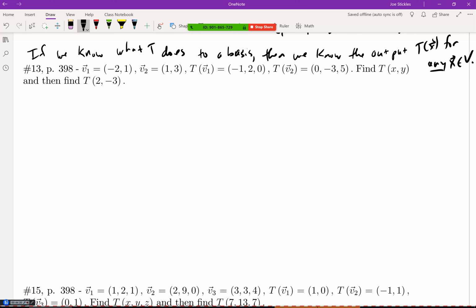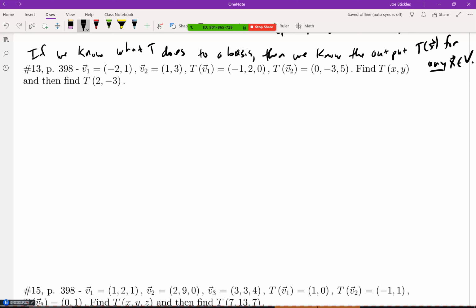It's easy to see, hopefully, that v1, v2 forms a basis for R2. They are certainly linearly independent, because if you have a set of two vectors, they're linearly independent if they're not scalar multiples of each other, and those two vectors are not scalar multiples of each other. Then this tells you that T of v1 is this vector and T of v2 is that vector.